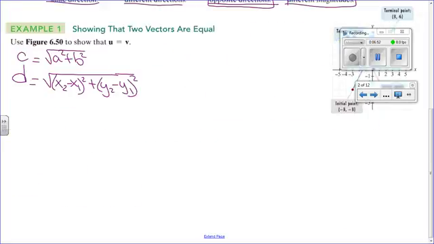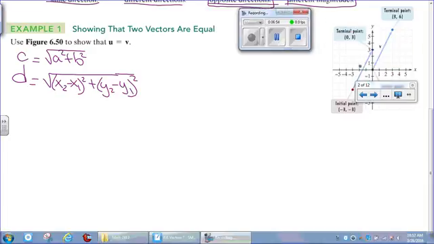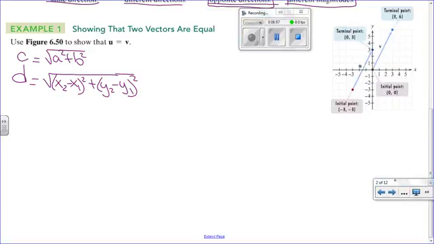Make sure you do use the correct points. And you can see that they're kind of going to the same direction.